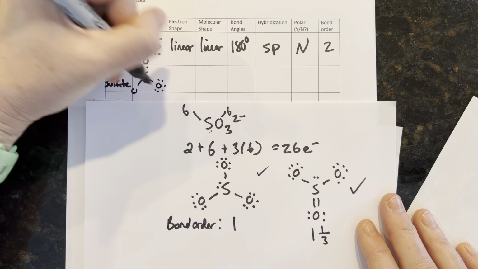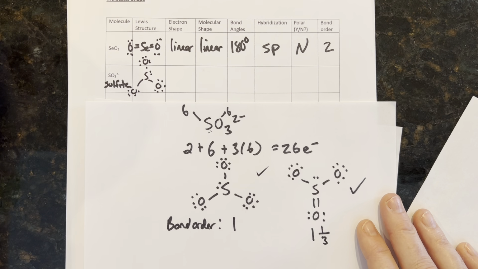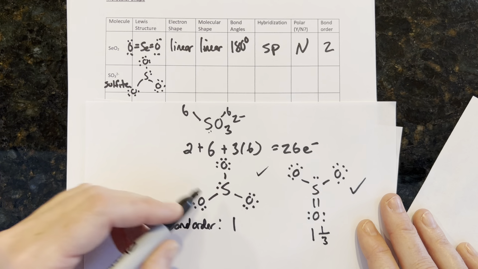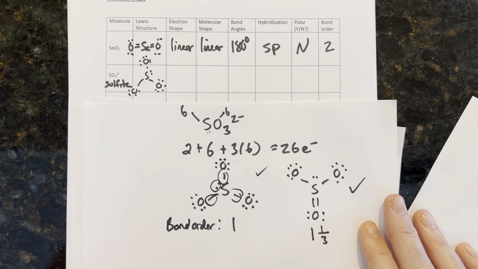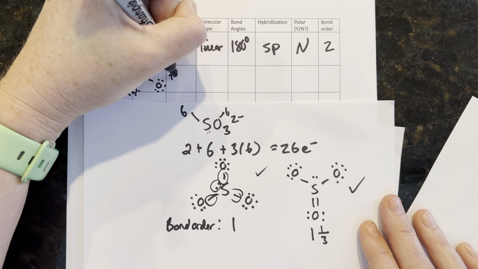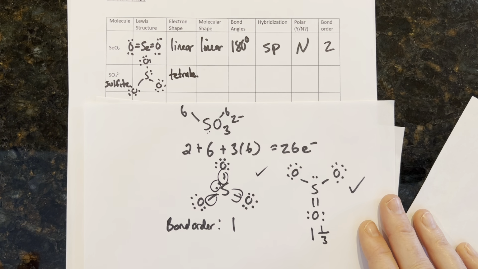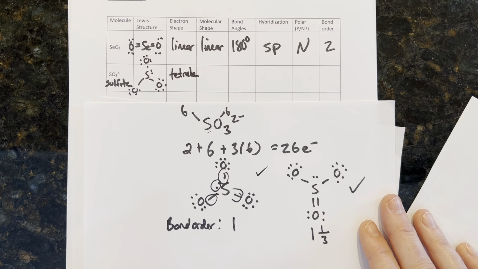So if we go and do this, there we go. Now this shape right here, the electron shape, there's 4 electron groups. They're trying to get away from each other as much as possible. That gives you a tetrahedral. Tetra. It's as much as I'm going to fit there.